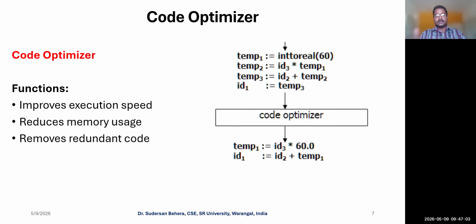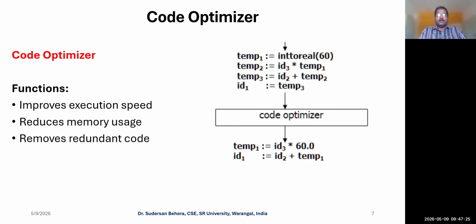That can be caught by the code optimizer. If one variable within the same scope is declared two times, that is called a redundant duplicacy, and that duplicacy will be removed by the code optimizer.